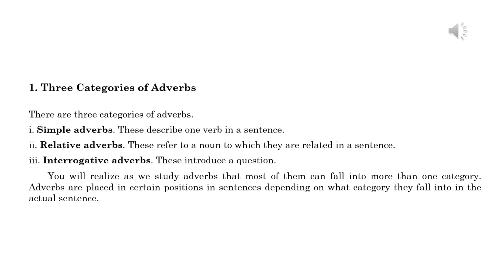Interrogative adverbs. These introduce a question. You will realize as we study adverbs that most of them can fall into more than one category. Adverbs are placed in certain positions in sentences depending on what category they fall into in the actual sentence.